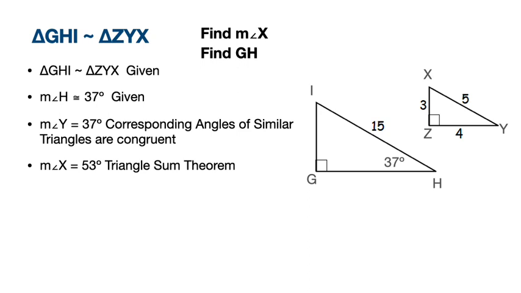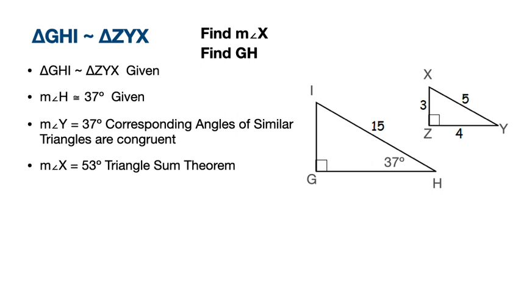It now asks me to find GH. To do that, I want to consider the scale factor. The scale factor is the multiplicative factor that I multiply each length by in the small triangle to get to the corresponding length in the larger triangle.